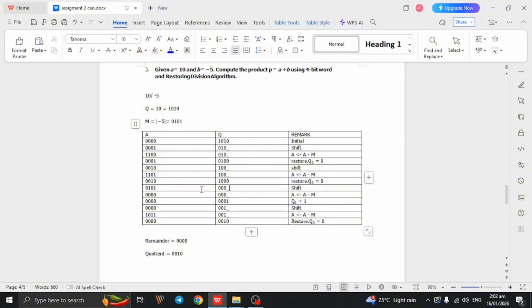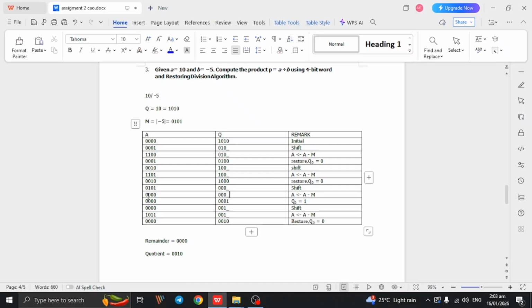For the third cycle, again we shift to the left, so the value of a becomes 0101, then q becomes 00 with a blank place. Then we subtract m, 0101, from a, 0101, so we get 0000.